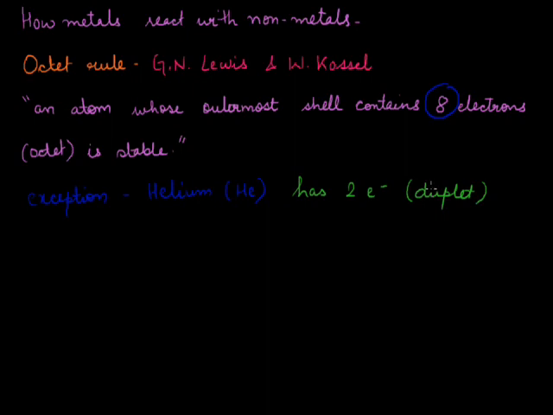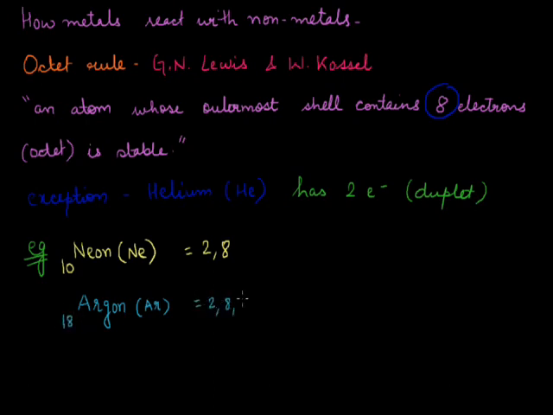Examples of elements whose atoms have fully filled or 8 electrons in their outermost shell are neon, whose atomic number is 10, electronic configuration 2, 8; argon, atomic number 18, configuration 2, 8, 8; krypton, atomic number 36, configuration 2, 8, 18, 8.